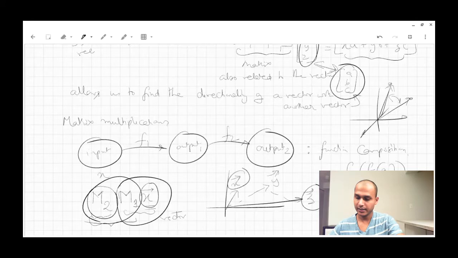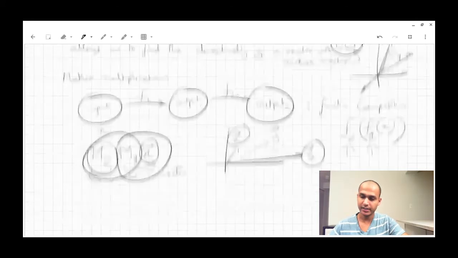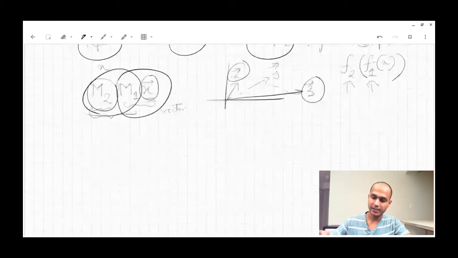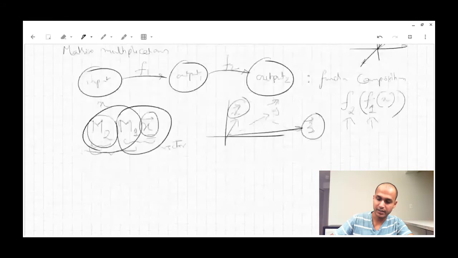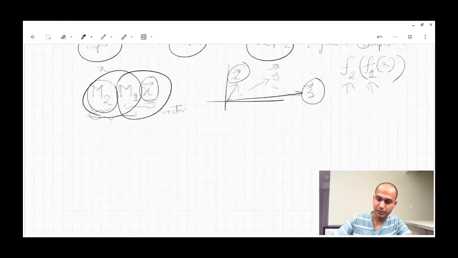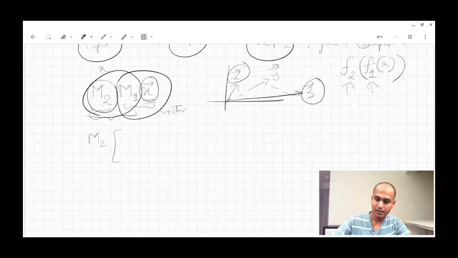And actually there's a nice trick to think about this. So let's say matrix M1 is, let me explicitly write it as some vector v1 and then another vector v2, right?